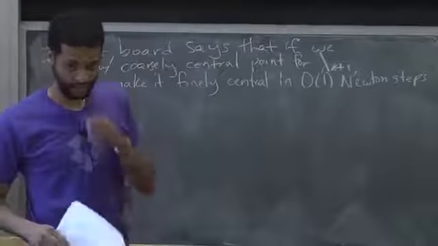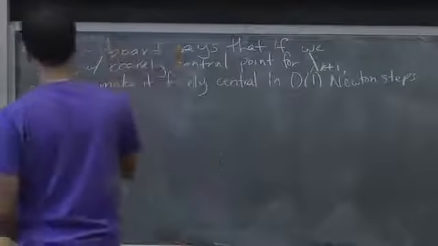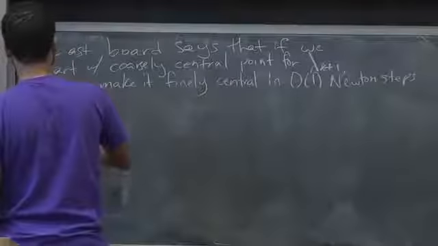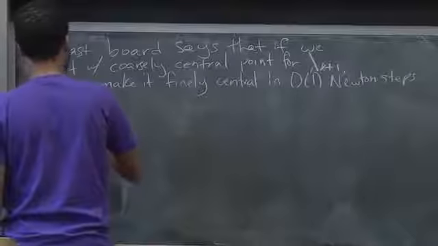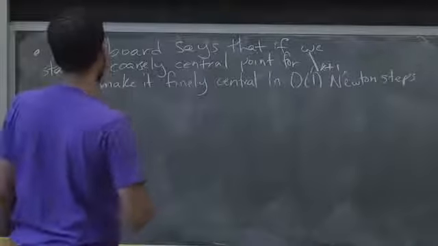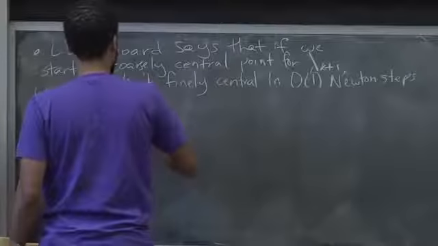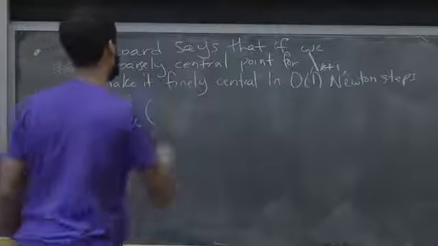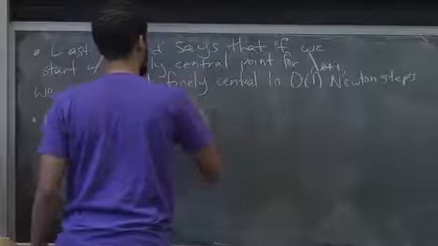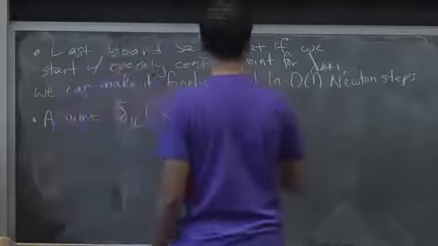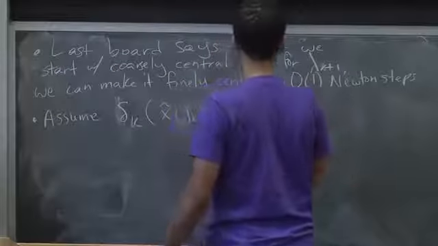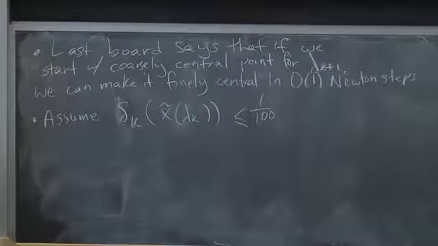So assume that the centrality of some approximate minimizer x tilde of lambda k is at most 1 over 100. So assume we have a finely central point for lambda k.